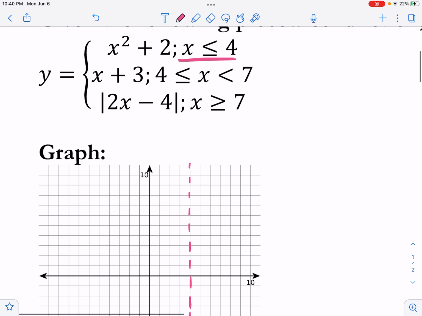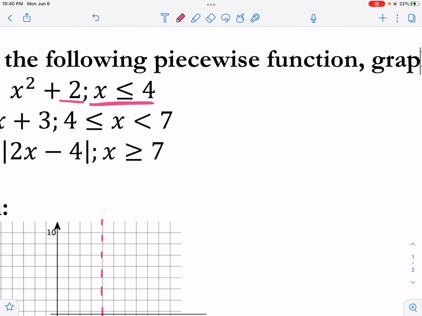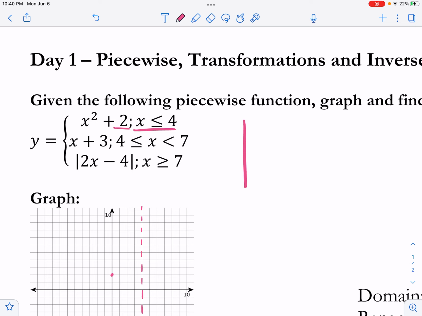And since it is quadratic, we're going to start at 2 because of the 2 here. And we're going to make a little table so we can find our points. Since it's less than or equal to 4, we can do -3, -2, -1, 0, 1, 2, 3, 4.